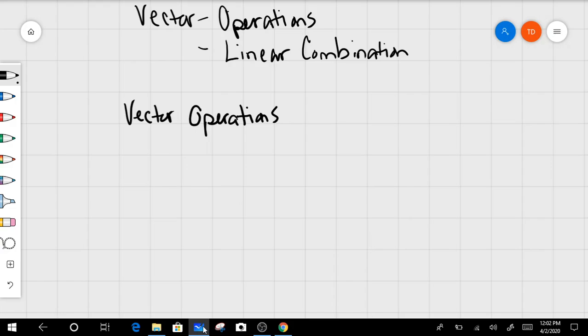So for vector operations, we're going to let vector u, you wouldn't really put that because you don't have an initial and an end. Let vector u equal component form 1, 2.